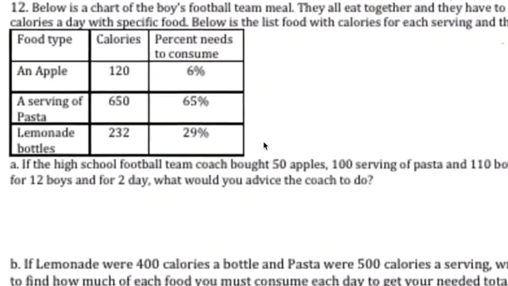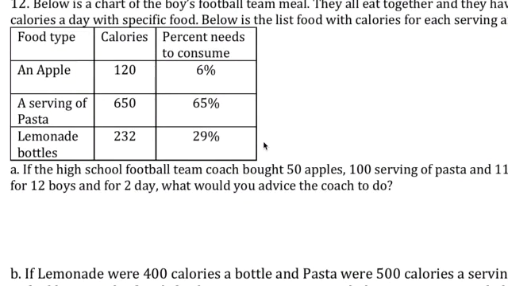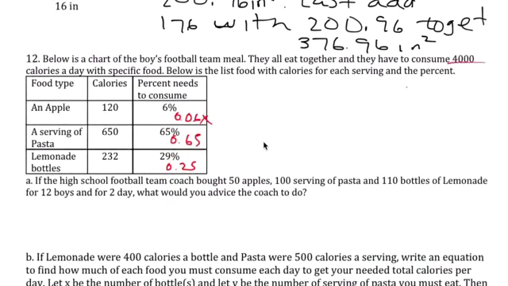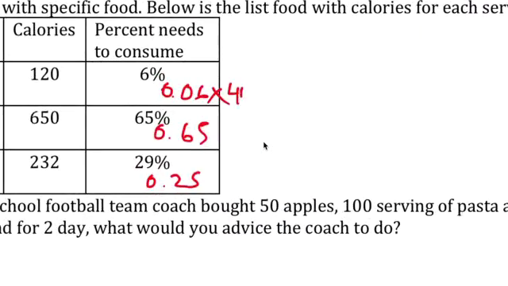Okay, anytime you have percent, you need to make it into a decimal. 0.06, 0.65, 0.29. Multiply that by the total calories of 4,000. Okay, you get 4,000 times 0.06, get 240 here.